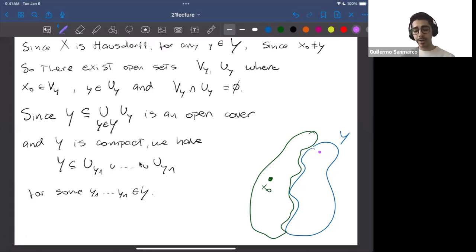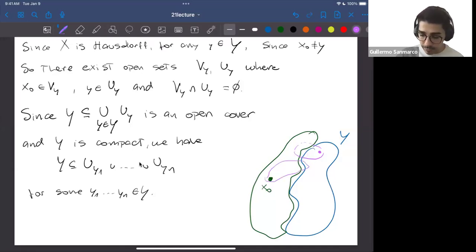I can do this for any y. In this case, I know there is a neighborhood of this point, like this, and a neighborhood of x naught, like that. The important thing is the neighborhood for x naught and the neighborhood for y will not intersect, but the neighborhood of x naught could intersect Y.